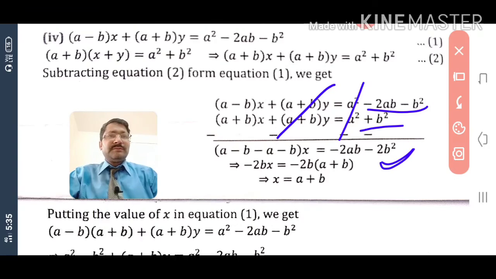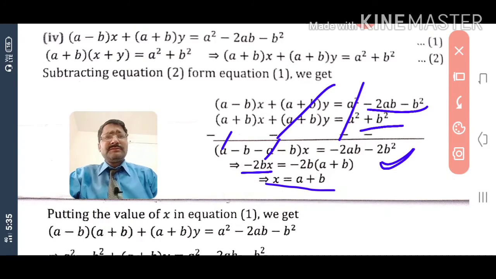Now in the first portion you can check a and a are cancelled. So remaining is minus 2bx, and minus 2b you can take common. This minus 2b and minus 2b cancel, and we get x equal to a plus b.